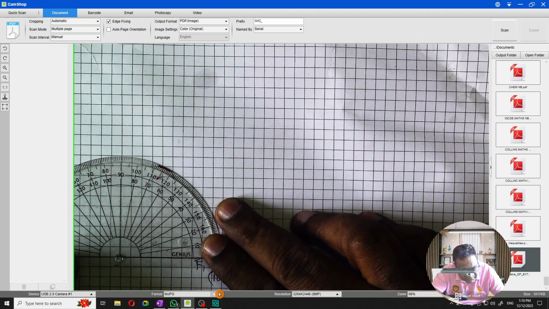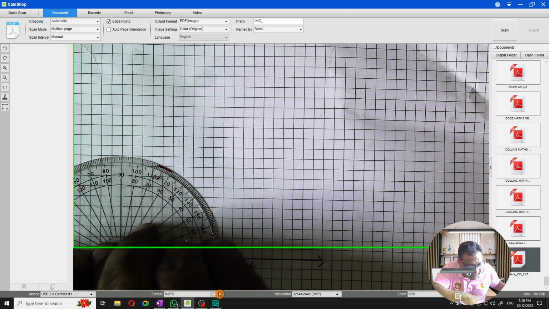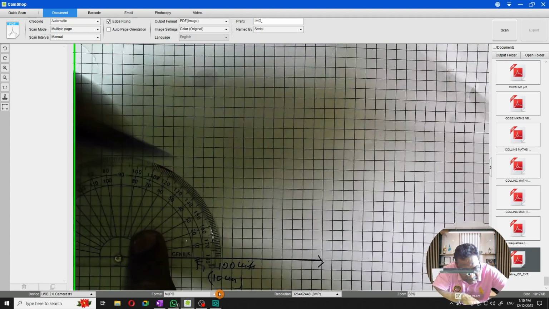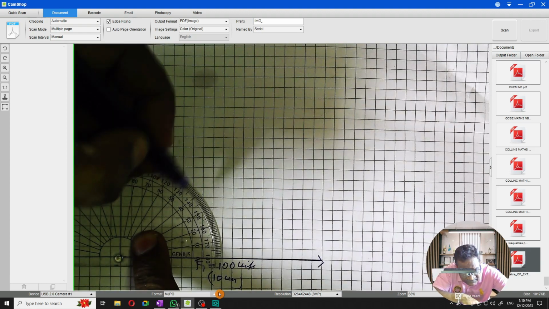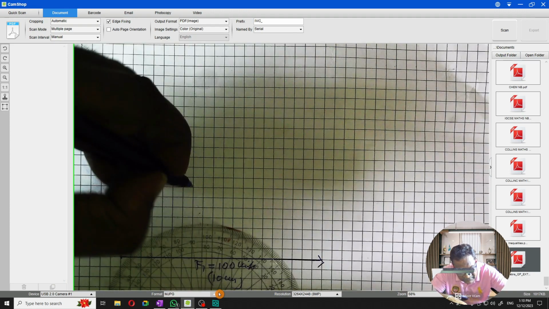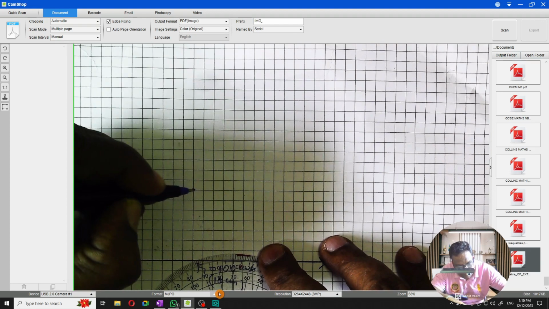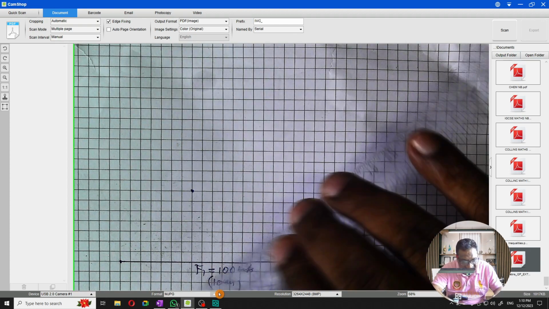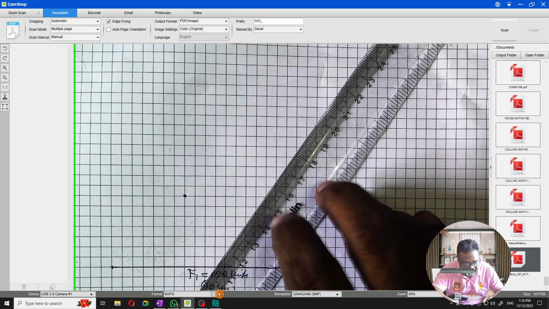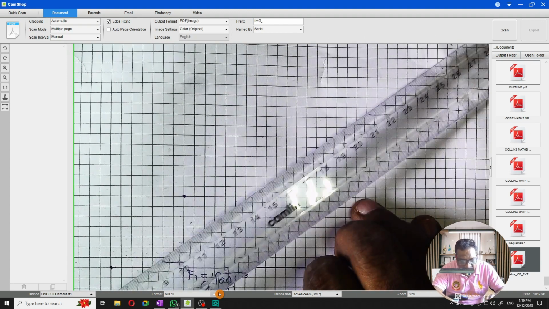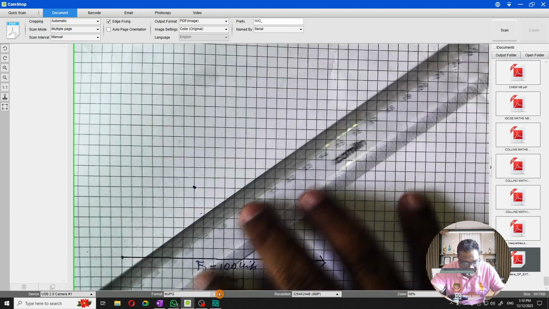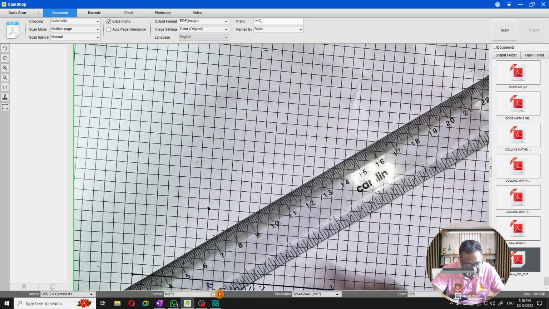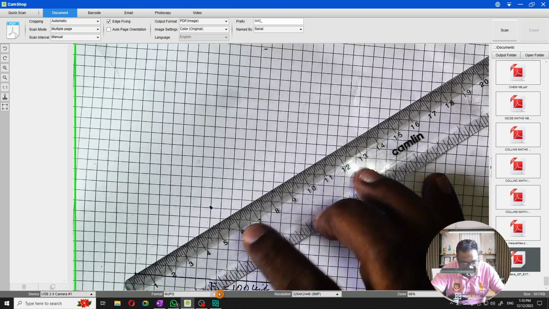So 45 degrees will come to this point, this is 45. Right, now I'm going to take this as 5 centimeter. Why? Because my second vector is 50 units, so according to scale it should be 5.